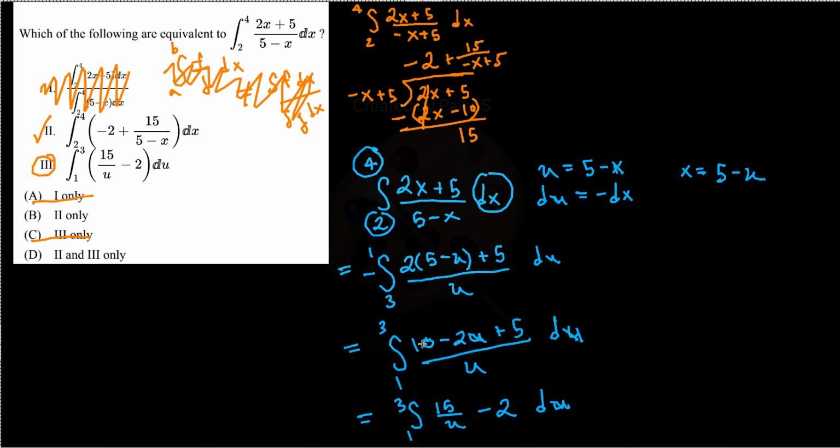I did 10 and 5 is 15 minus 2u, and then I did the 15, apologize, minus 2u over u as 15 over u minus 2u over u, and then I canceled out these u's and I got this here, and that is exactly what number 3 says, if I'm not mistaken. It is. So we know that the choice is D.